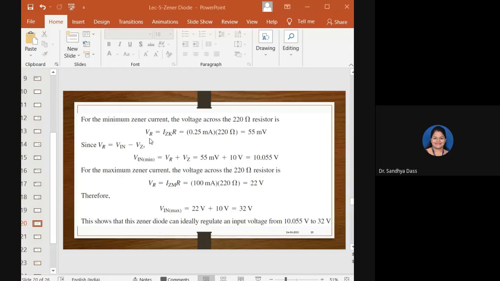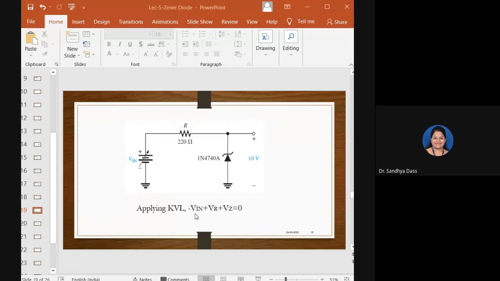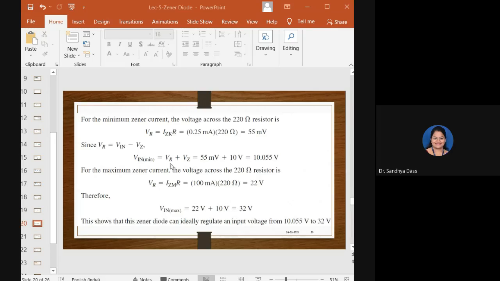So this will be your minimum, that is voltage across the resistor, which is given by 55 millivolts for minimum current, all right. So from the equation, from the KVL, we got that Vin is equal to VR plus Vz. I'll go back here. Vin is equal to VR plus Vz. Are you with me? So from that, Vin minimum, that is a minimum voltage that can be applied according to the minimum Zener current.